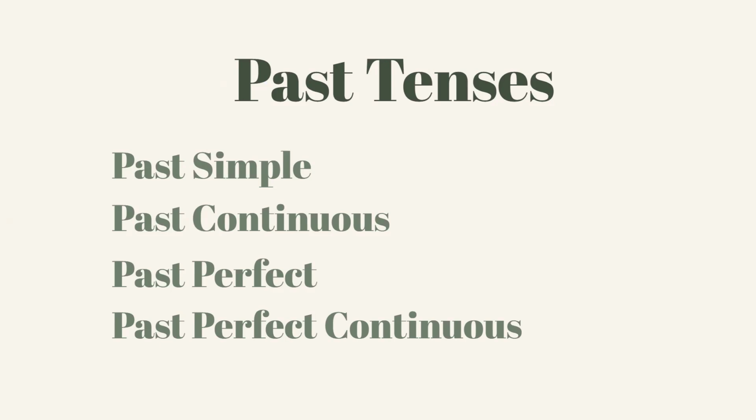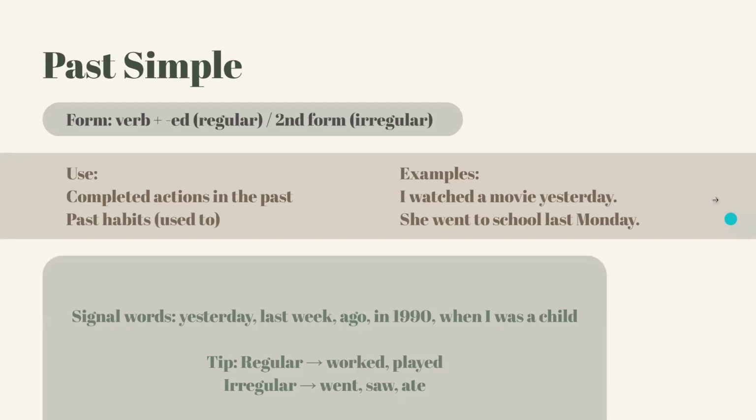Let's see what we have: past simple, past continuous, past perfect, and past perfect continuous. Again, it's very similar to the present tenses. It's just in the past form, basically.